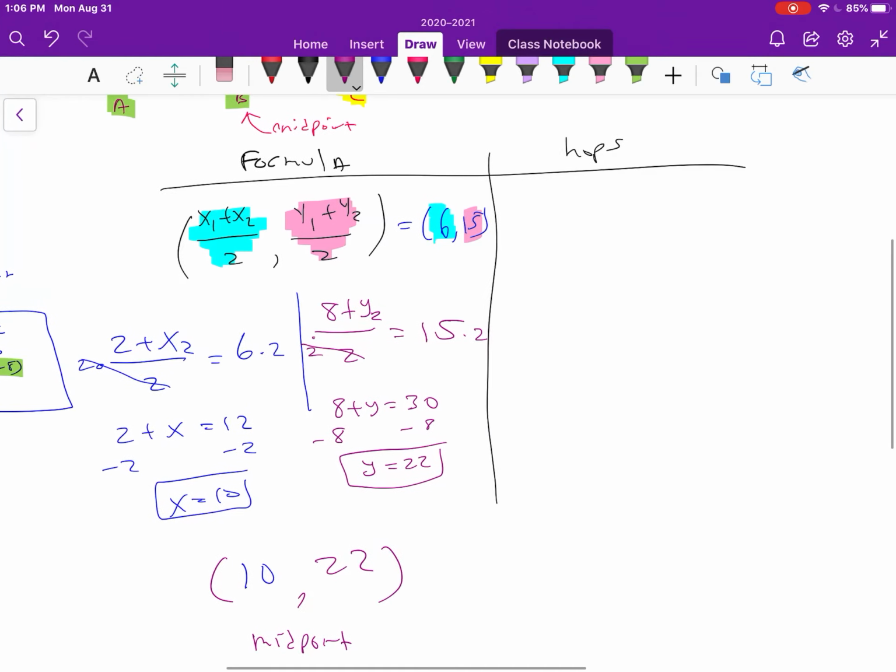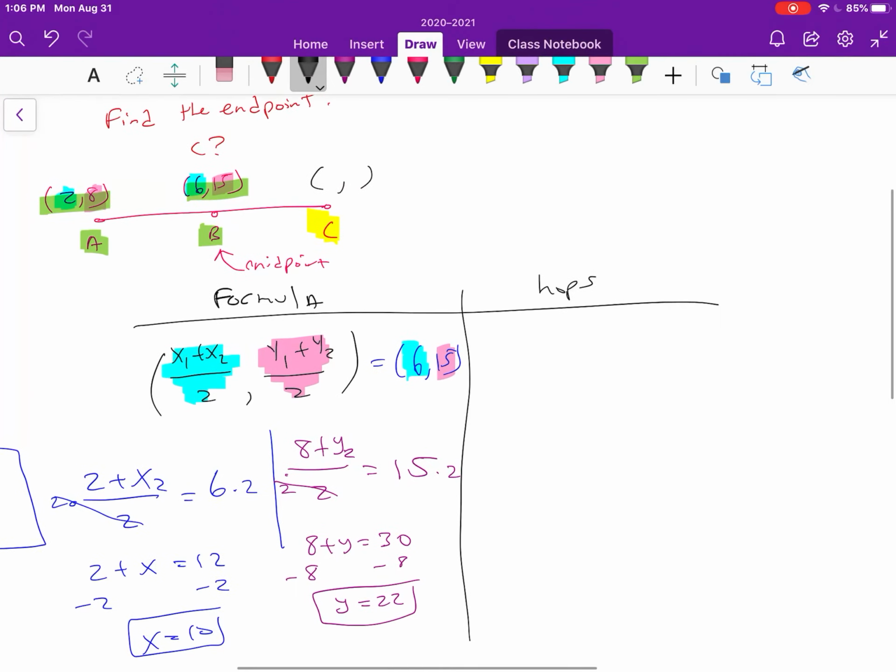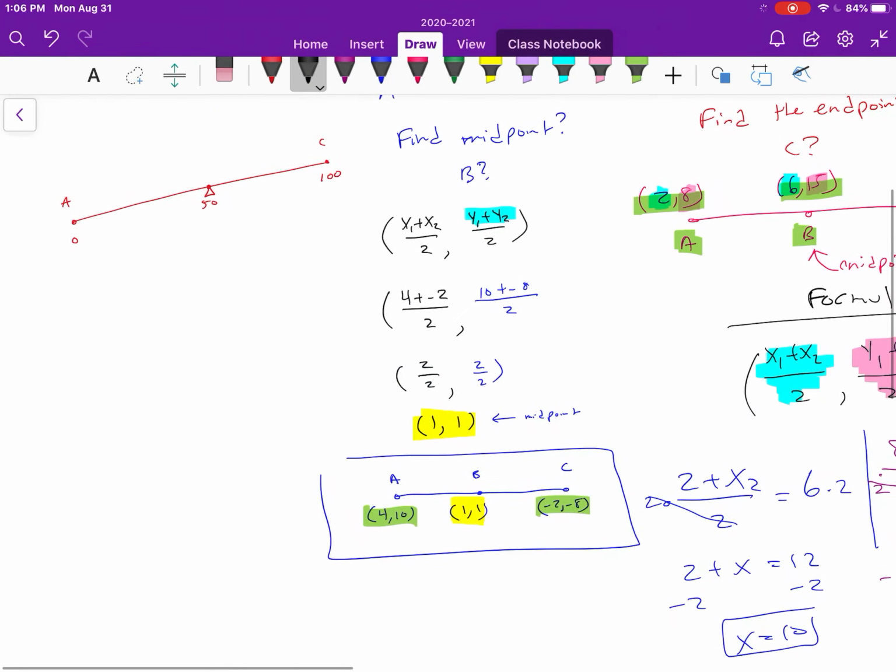Now, when I mentioned the hops, this is the way that usually, if we're trying to figure this out, and we know this is 6 comma 15, let's understand. Let's go back to the original problem that we had over here.